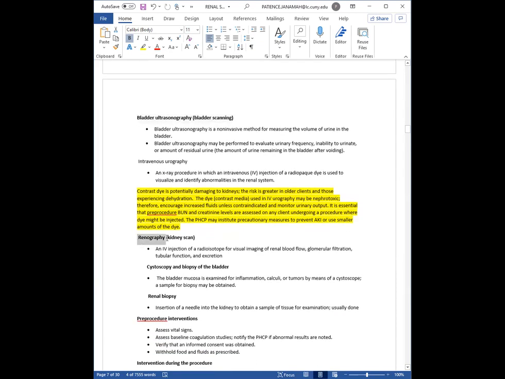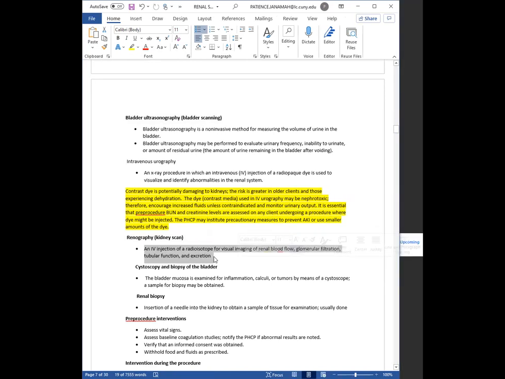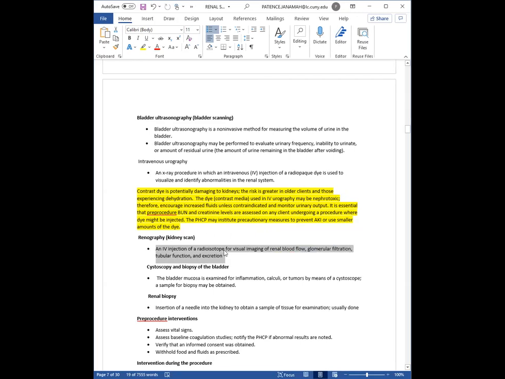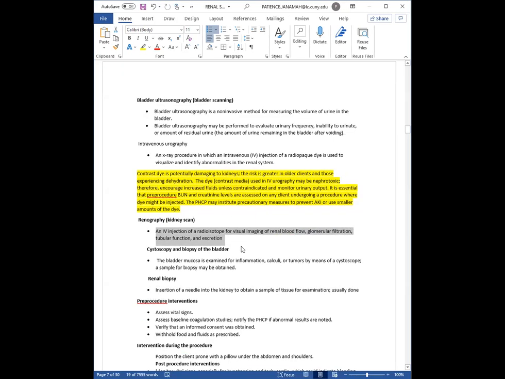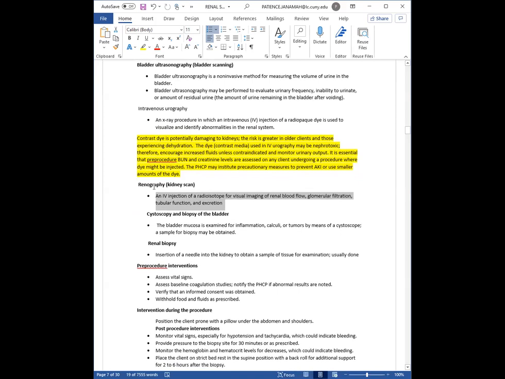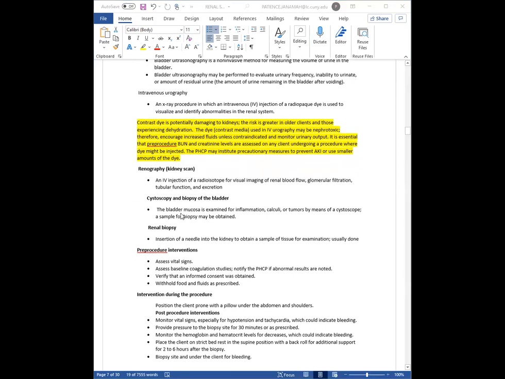Then we have the renography, that's the kidney scan. Renography, kidney scan, also involves the use of radioisotopic injection. They also use another contrast. So they do the scan for your kidneys.